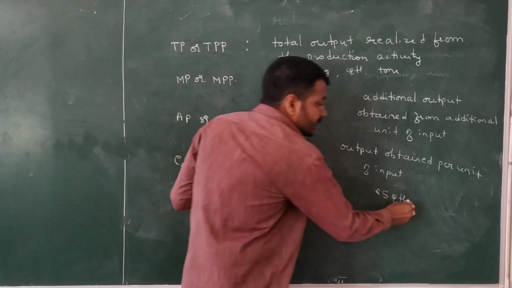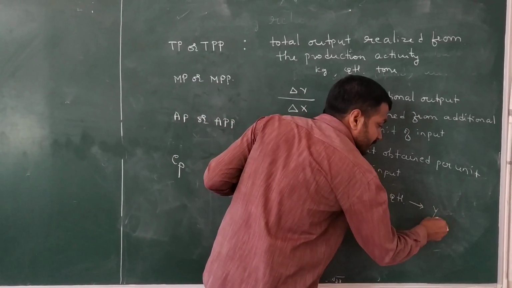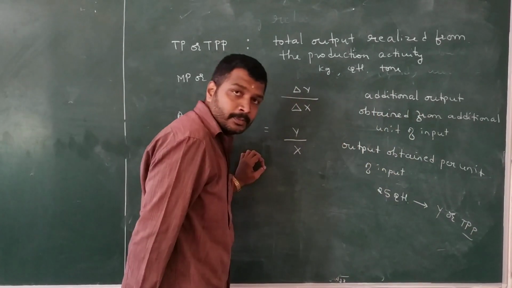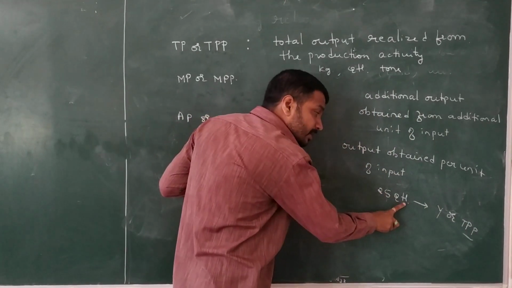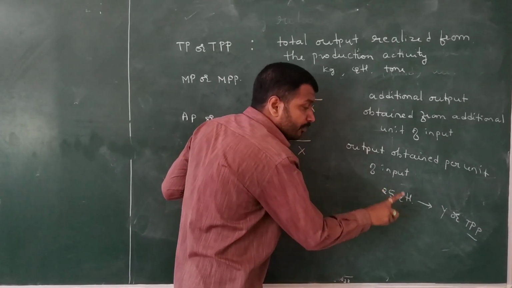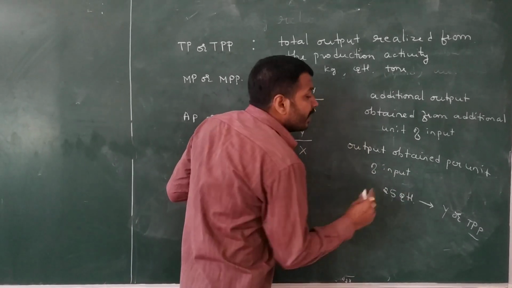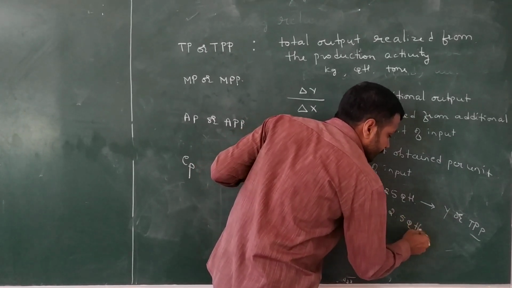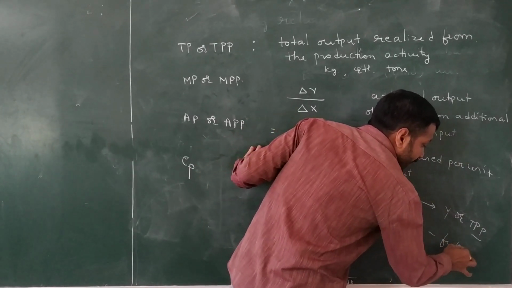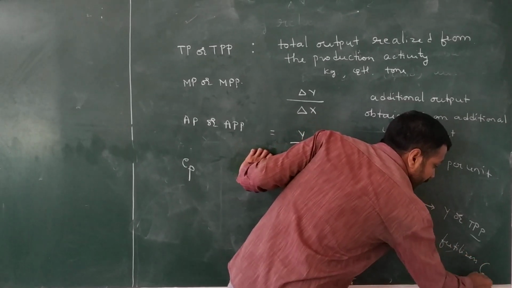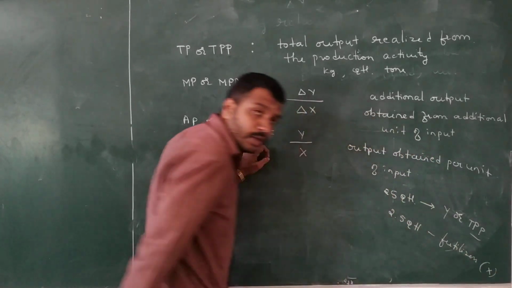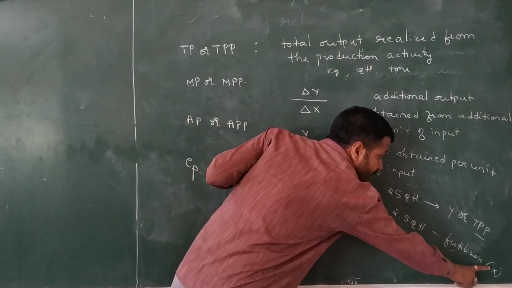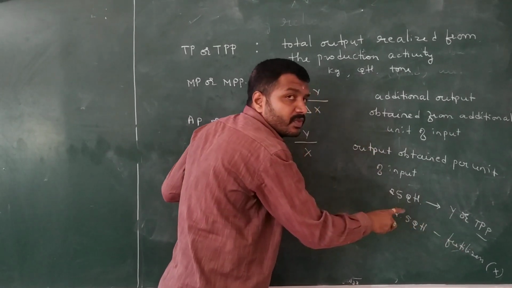You know that output is represented as Y, or it is TPP. In order to obtain this 25 quintals of paddy, let us assume that the farmer uses 2.5 quintals of fertilizers. Here fertilizer stands for input, that is X. On an average, how much this fertilizer is going to yield is the question.